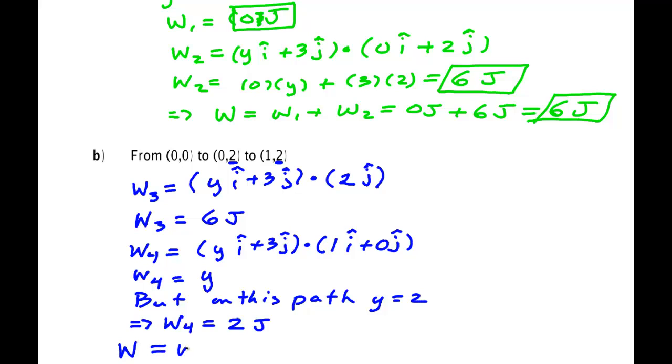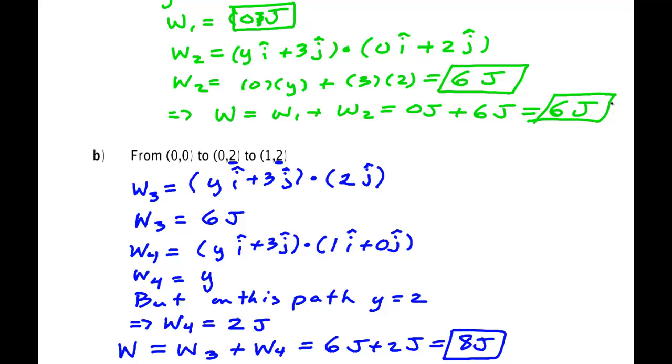The total W is then the work on path 3 plus the work on path 4, and we find 6 joules plus 2 joules is equal to 8 joules. Now what's interesting about that is the amount of work doesn't just depend on where you start and end in this case, but it depends on the path you took.